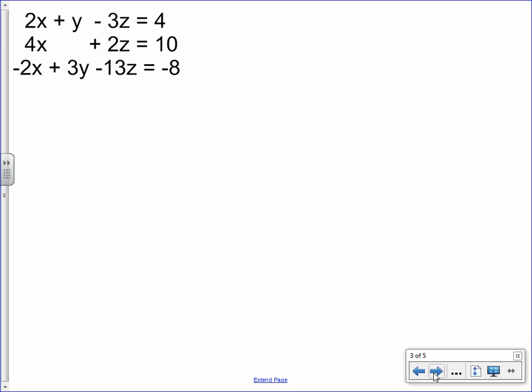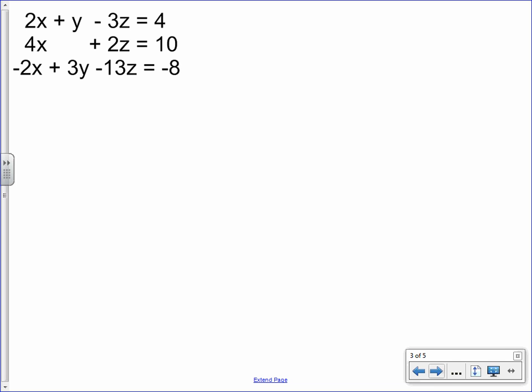Okay, so what's nice about this one? In this equation, we are already missing a y. So let's use that to our advantage. Let's take the other two equations and eliminate y. In order to do that, what should we do?